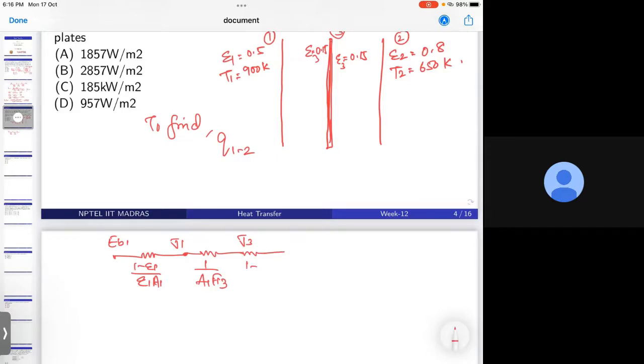Then we have the surface resistance of the shield on the left side, then the surface resistance of the shield on the right side.